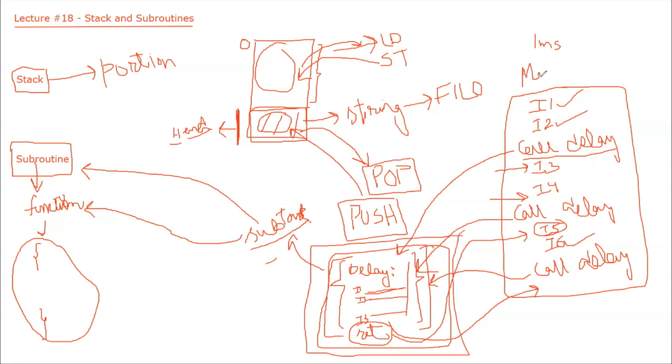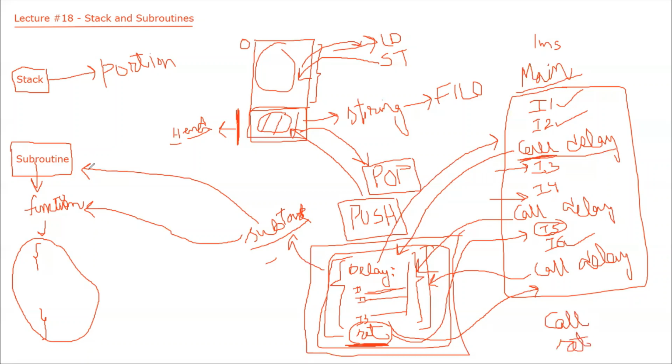In the main program, I can call this subroutine using a call instruction, and from the subroutine, I can move back to the main program using a return instruction. So when discussing a subroutine, we have to understand these two instructions, call and return.